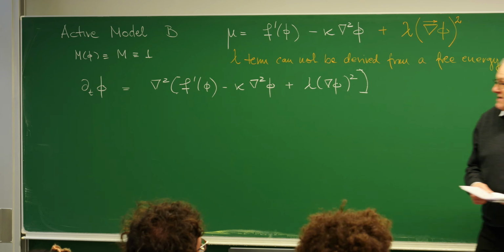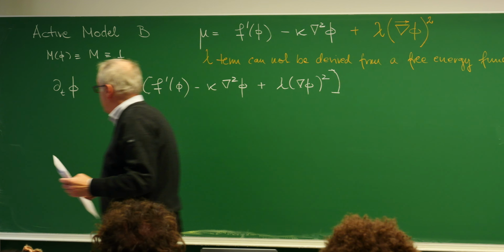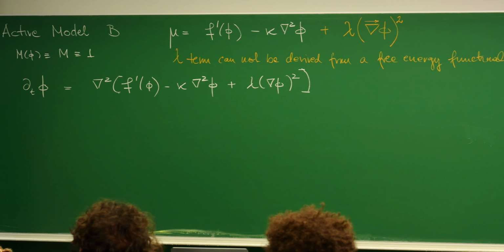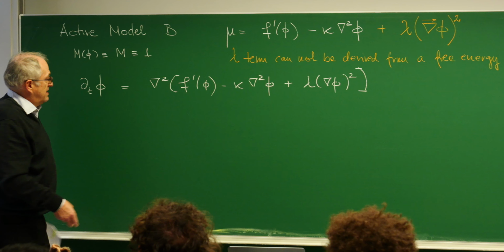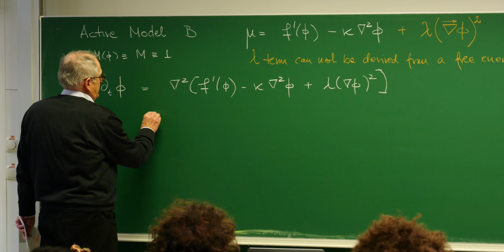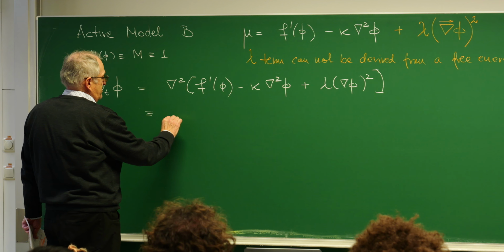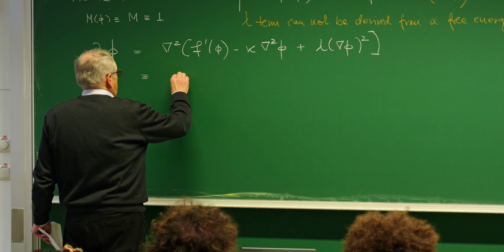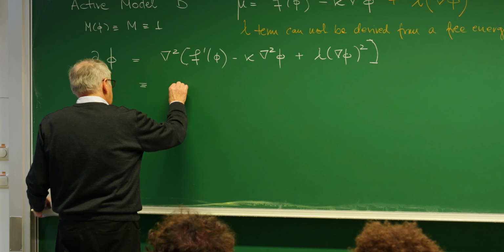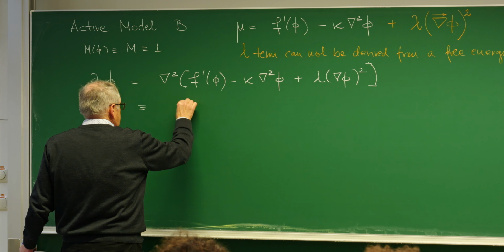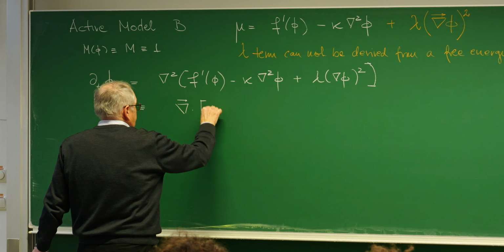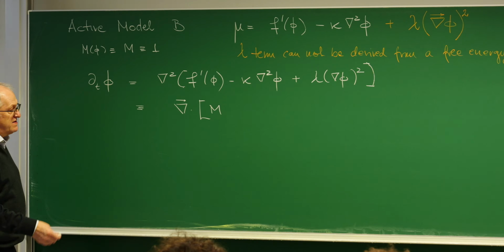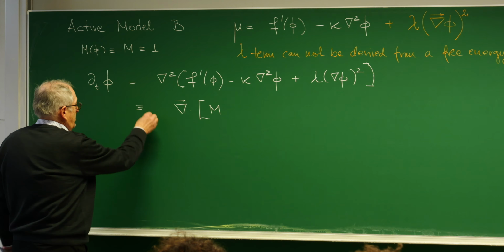All right, now let's focus back on active model B. So I hope you got the point that this here has a structure where you have a gradient of some mobility, which we put here equal to 1, but that's the general structure, so maybe I put it like so.